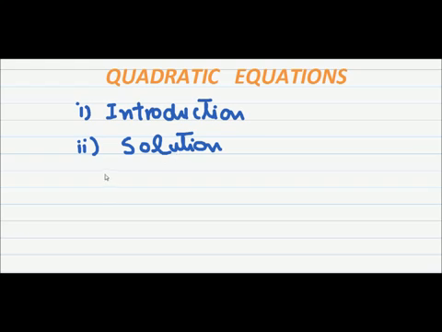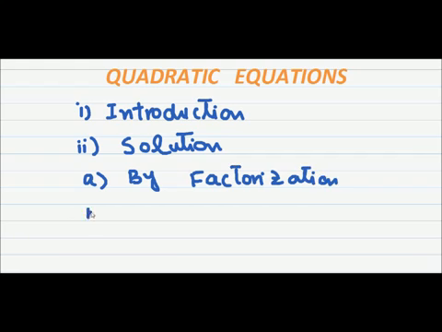There are three methods to find the solution of the quadratic equation. First is by factorization. In this method we make factors of the given equation to find the solution. Second method is by completing the squares. In this method we complete the squares of the equation to find the solution.